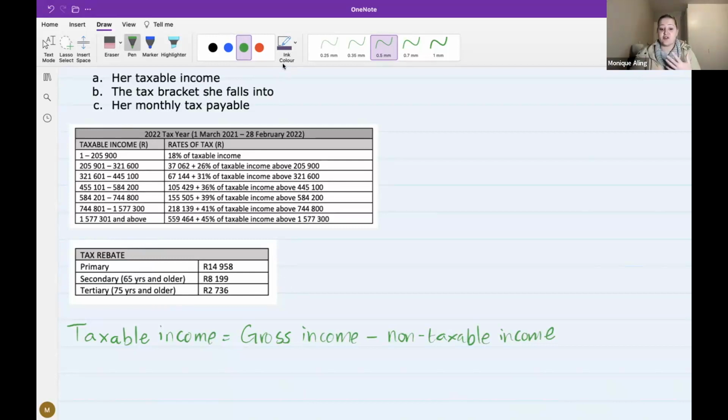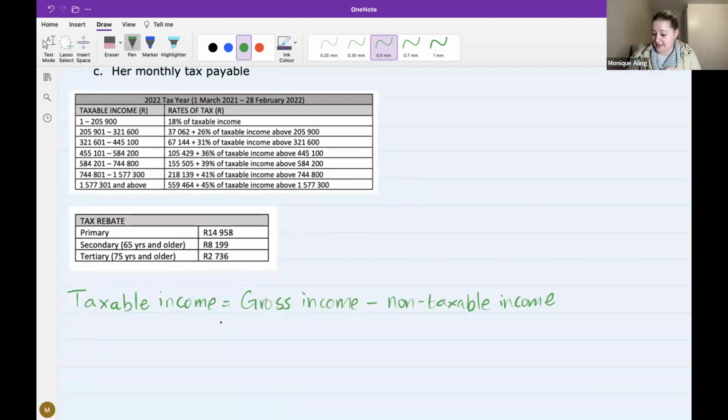Okay, so just remember, whenever we are dealing with tax and we need to look at tax brackets and whatnot, the salary needs to be the yearly amount. So the gross income, we were given the monthly gross income. So I'm going to say 27,000 times by 12 minus the only non-taxable income that was mentioned, the pension of 2,025 Rand times by 12.